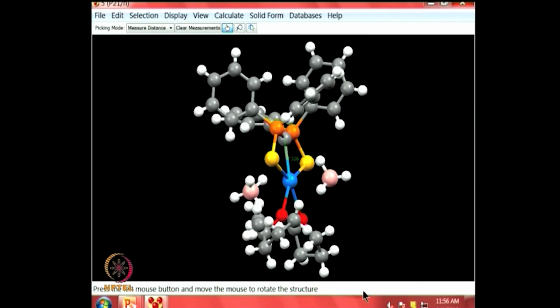You have a uranium atom, and this uranium atom is present in the place where I am pointing to it with the arrow. So, this is the uranium atom, and it is coordinated to a carbon which is at a distance of 2.326 angstroms.